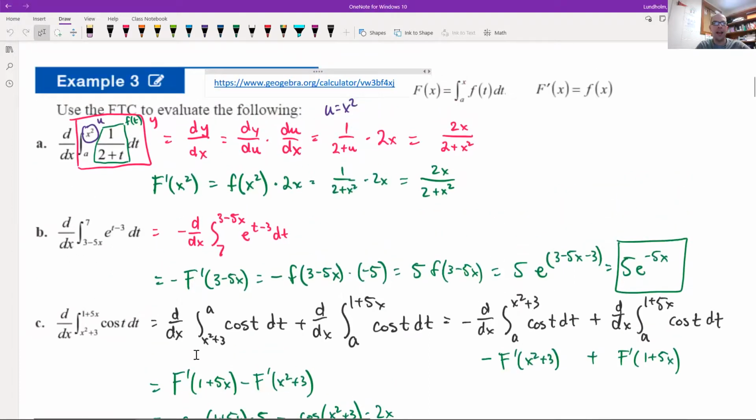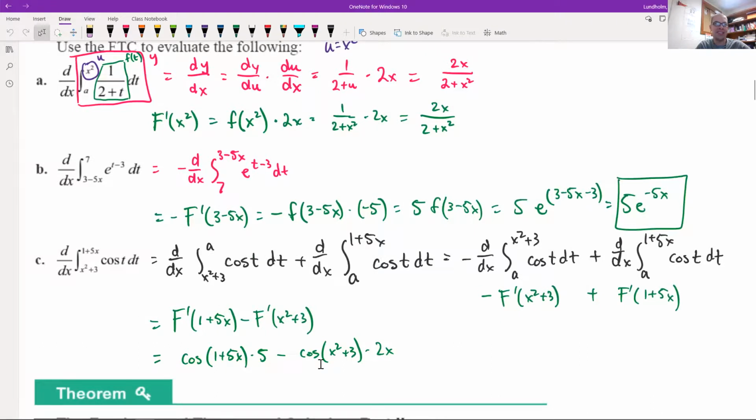So this is the function that you end up getting, the derivative of the area function, with chain rule.